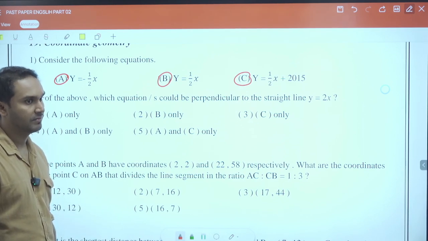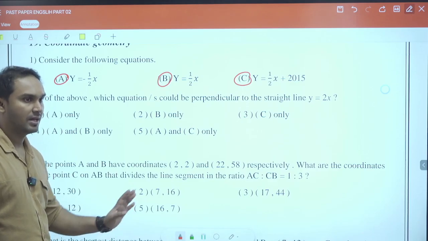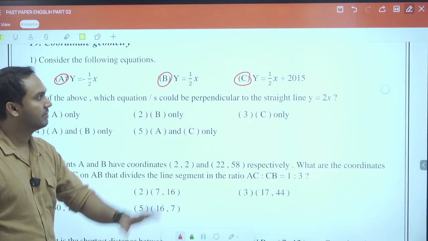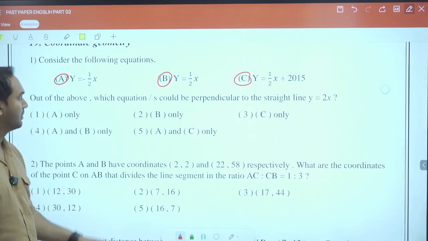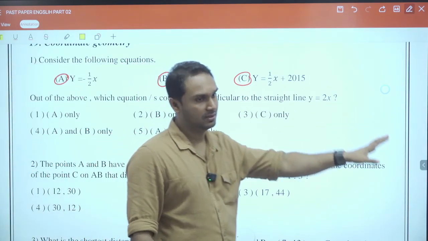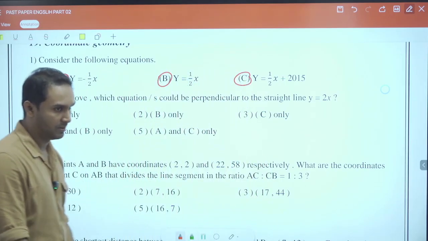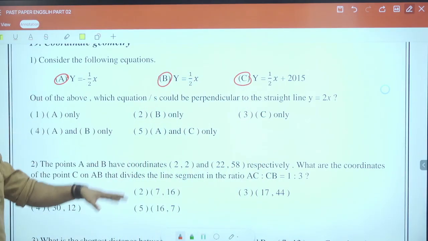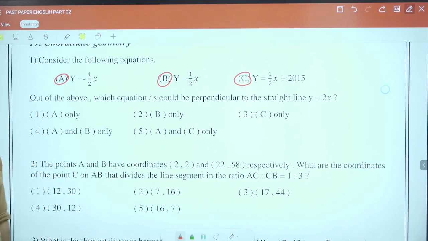So you have to check if the equation is in the standard form. These three equations are in the standard way, so nothing to worry about. If it wasn't given that way, you have to reconstruct it back to y equals mx plus c. So the answer should be what? A only, right? The answer is A only.